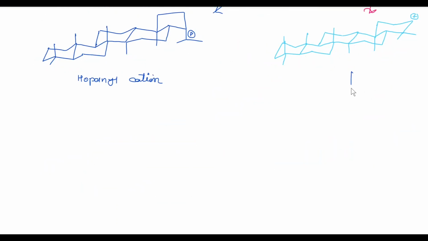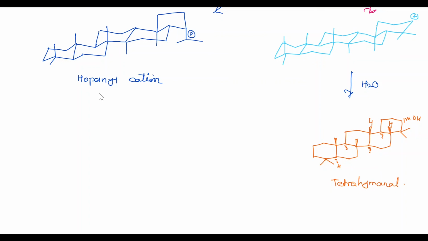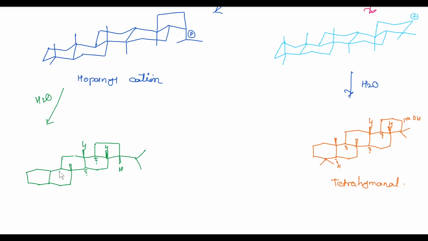On this carbocation, if you add a water molecule, then we get tetrahymanol. And in this hopanyl cation, if you add a water molecule, we get hopanol. Here is OH. This is called hopanol.